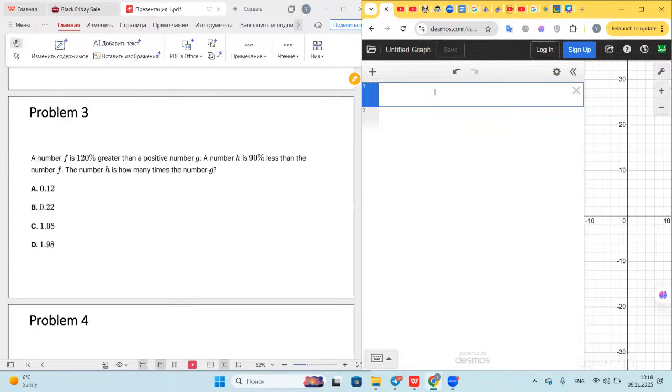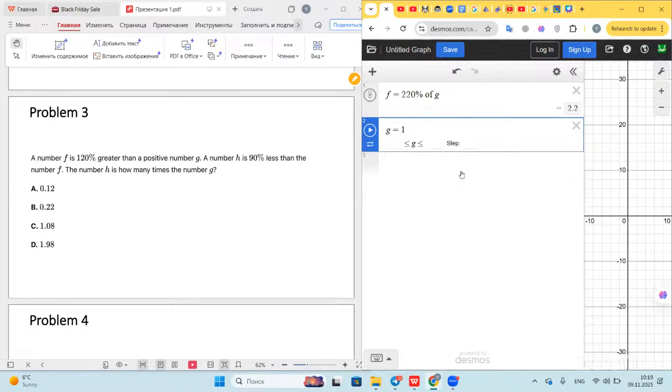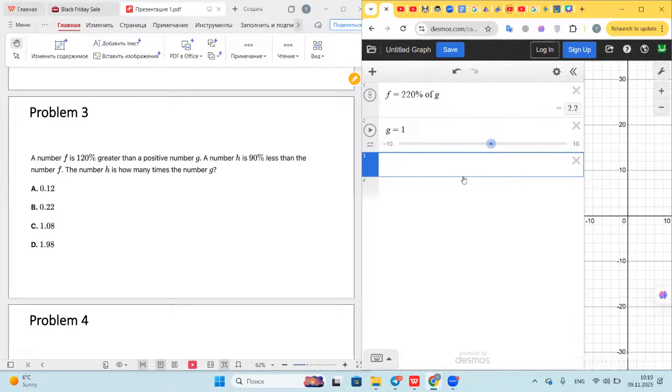For example, the first statement states f equals 120% greater. When some number is 120% greater, it means 220% of number g. Well, let's define the value of g as 1. Now f is found. Now h is 90% less. When something is 90% less, it means it is 10%. Now h is 10% of f, it turns out.